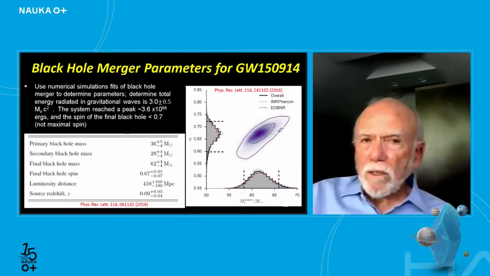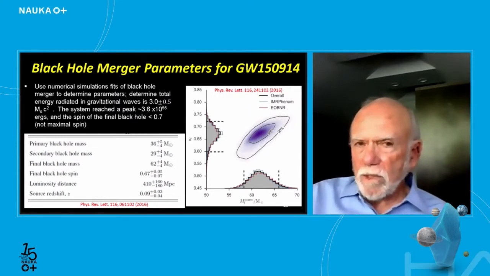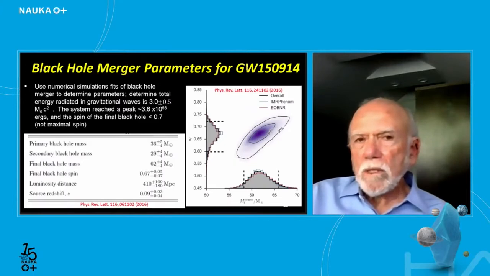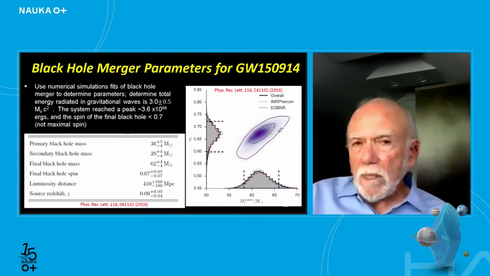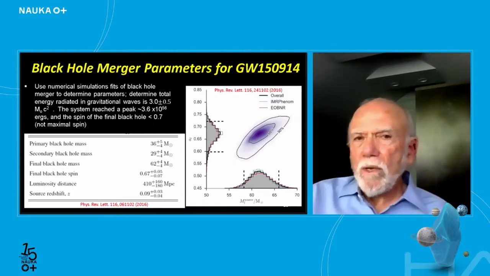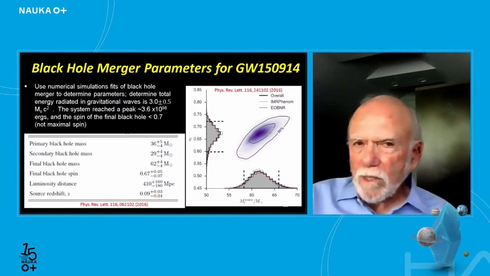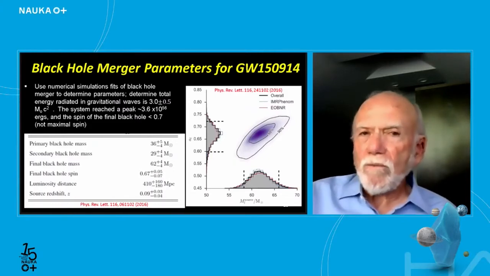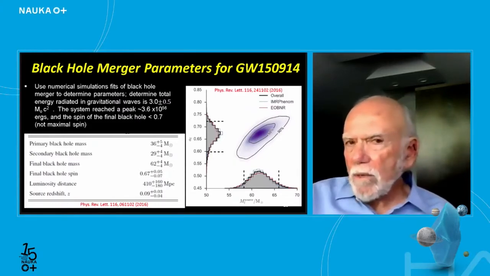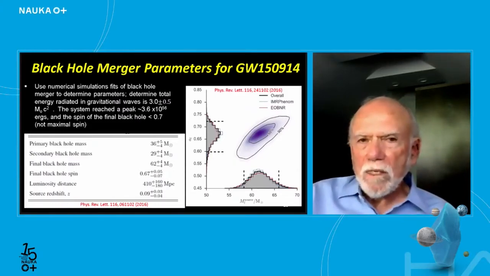When they merged together, they gave a final object that was 62 times the mass of the sun. Notice that 36 plus 29 is 65, not 62. So in the actual merger, 3 times the mass of our sun, 3 solar masses, went away, somehow disappeared. And that was in the form of gravitational waves, of which we detected some of it.